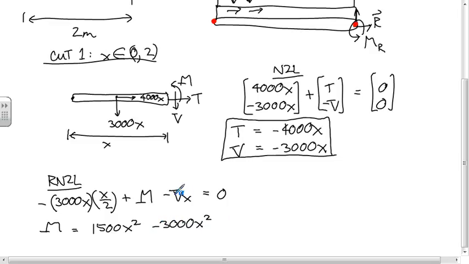So I just substituted in V. And you get a value of negative 1,500 x squared. And does the derivative condition hold? dM/dx is equal to V, so yeah, that works.